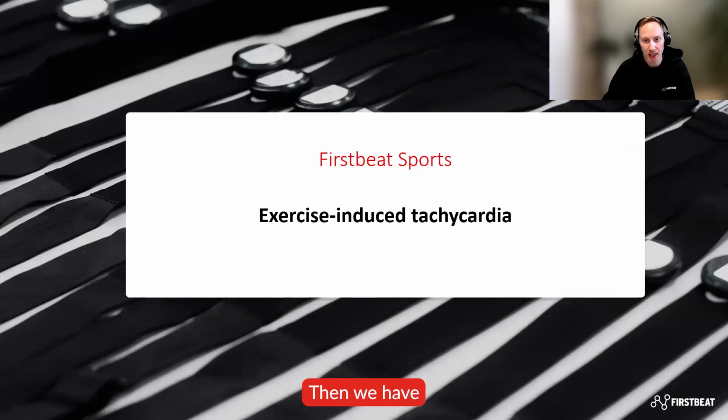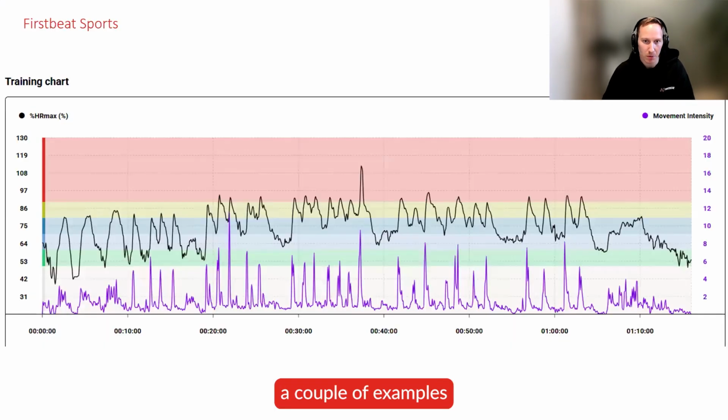Then we have an interesting case, and a very rare case, but a very important case. So here the coach was able to spot exercise-induced tachycardia from the data. Here we have a couple of examples.